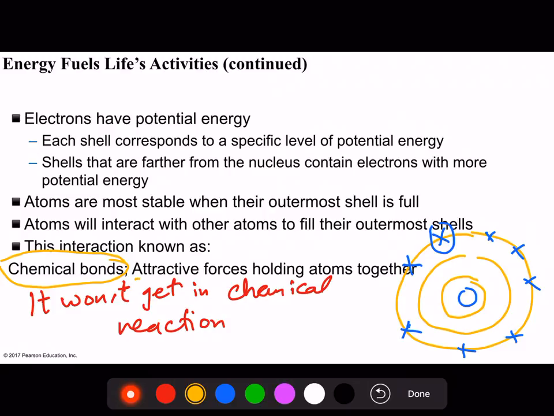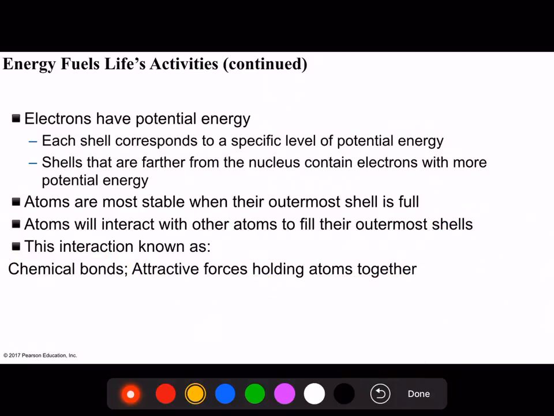And these chemical bonds are attractive forces holding atoms together. Now, why do atoms get into these chemical reactions or chemical bonds? In order to get stable, to fill their outermost shell.